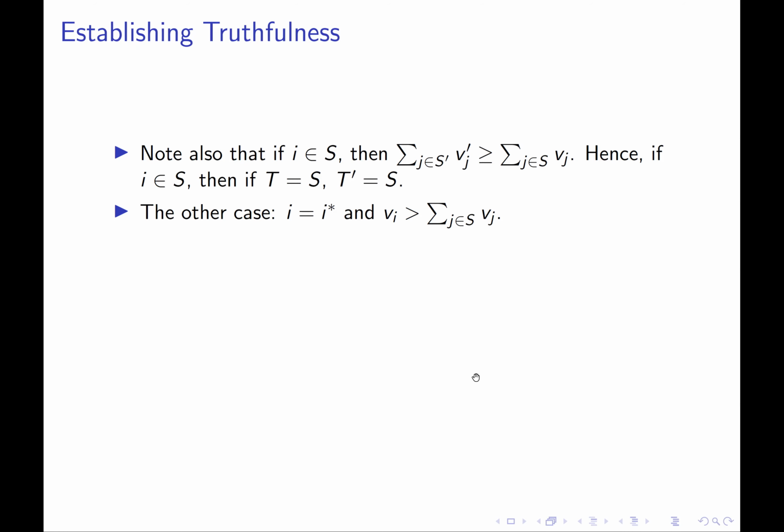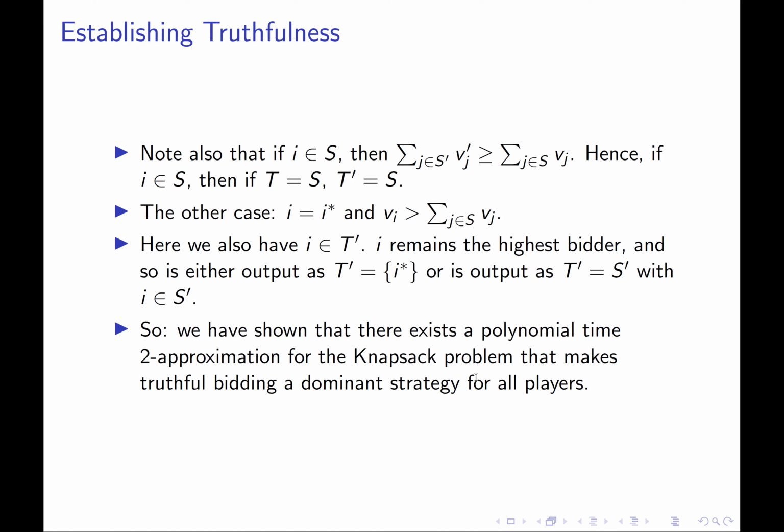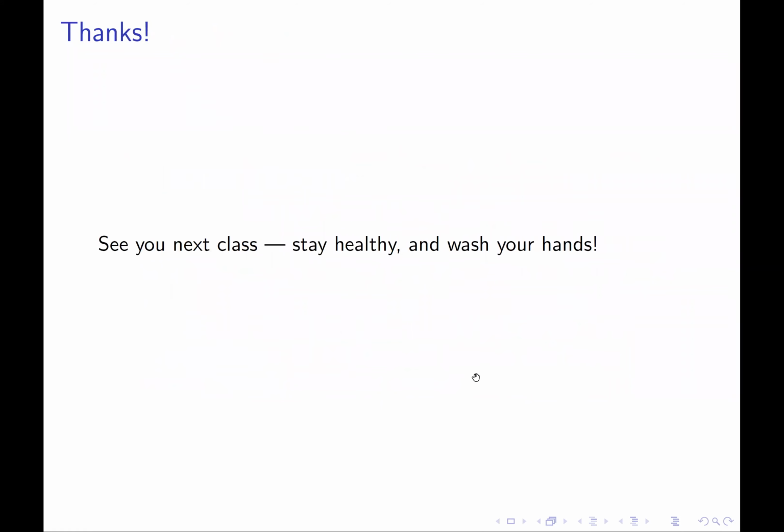But in that case, it must have been bidder I that had the highest value. And if he misreports up, then he's still the bidder with the highest value, and he will still be output. And so in that case as well, misreporting his bid upwards cannot cause him to become a losing bidder when he was previously a winning bidder. And so that's it. We've established that there exists a polynomial time 2 approximation algorithm for the knapsack problem that also makes truthful bidding a dominant strategy.